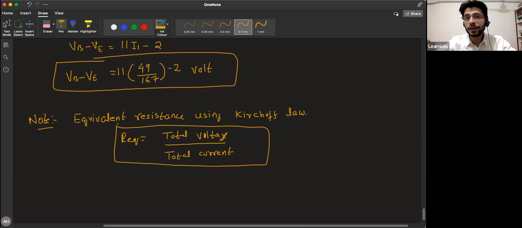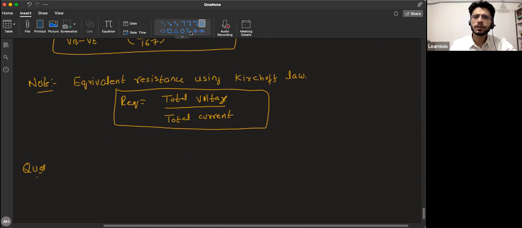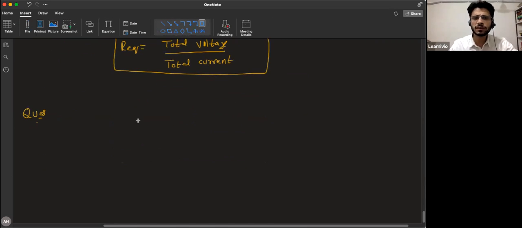I'm repeating again: you don't have any resistor in series or in parallel. Let's take this example. Sir, if there is series and parallel, will this still hold true? Then also it will hold, but you won't use this method because it is very lengthy.